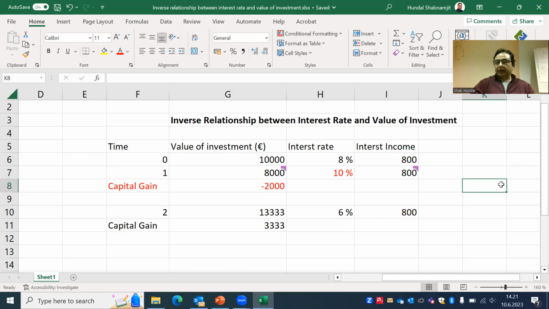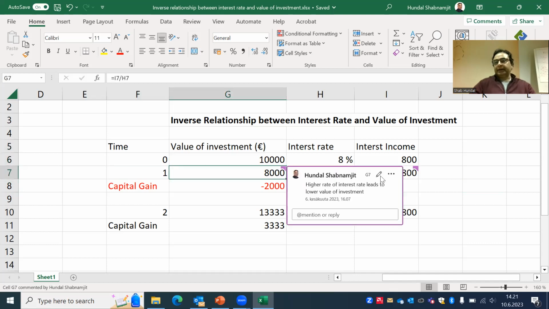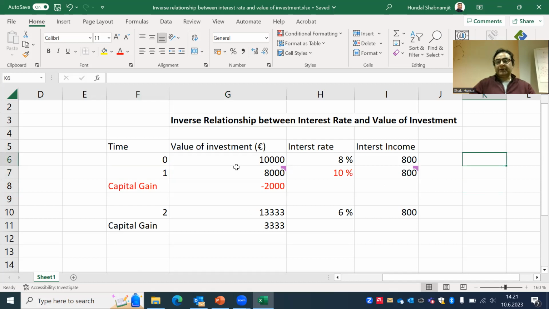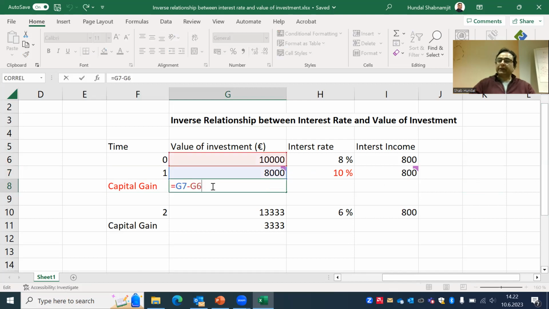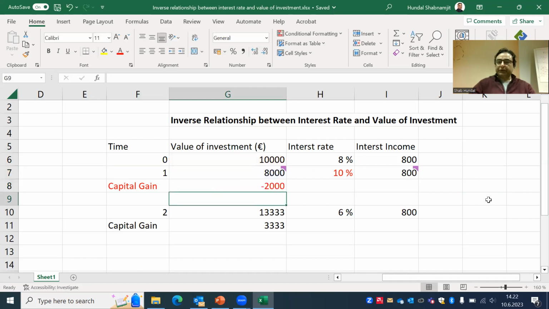To make it more practical, if you have invested 10,000 euros in year zero, and now you are planning to sell this investment in year one, you will not get more than 8,000 euros. Your value has eroded from 10,000 euros to 8,000 euros. So if you sell it, you would be getting 2,000 euros of loss. So the capital gain would be negative. In other words, you have a loss on the investment of 2,000 euros.